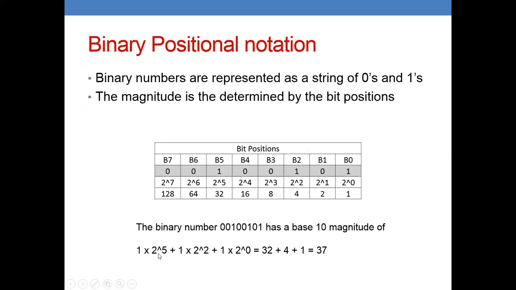We write that as 1 times 2 to the 5th plus 1 times 2 squared plus 1 times 2 to the 0, which is equal to 32 plus 4 plus 1, or 37 in a base 10 number system. So we can convert that binary number using the positional notation back to our decimal base, to a number that makes more sense to us.